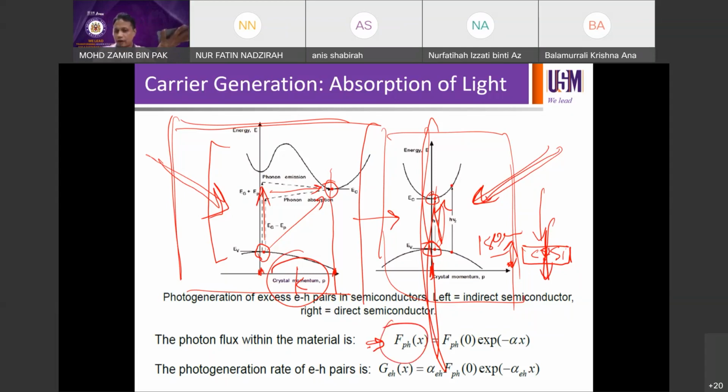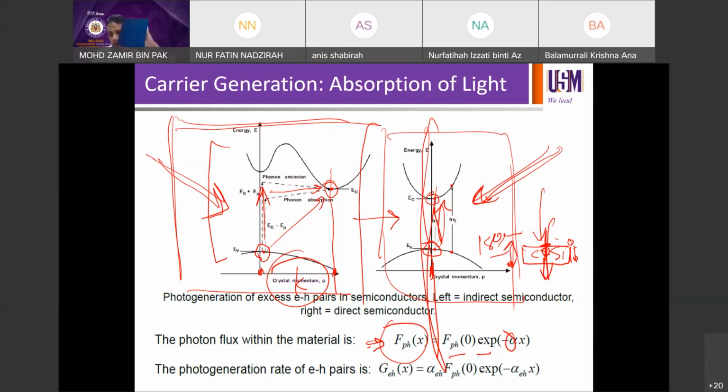F of x equals F naught, where F naught is the intensity of the flux right at the surface. Naught here means the surface, so x equals 0, or depth equals 0. As you go into the crystalline silicon, going deeper and deeper, it's given by F naught exponential of negative alpha x.